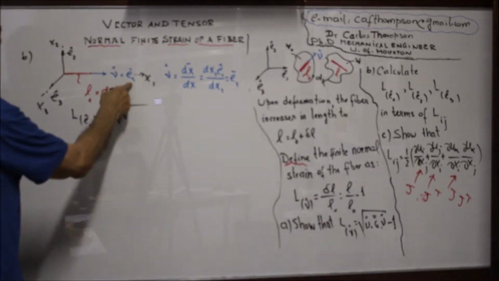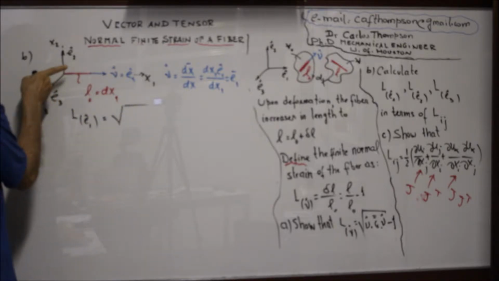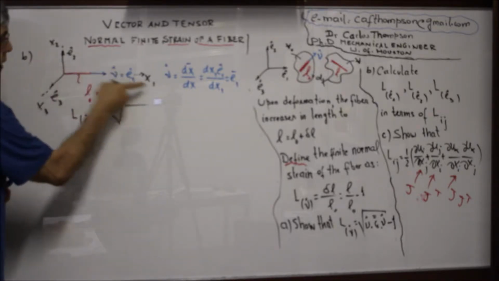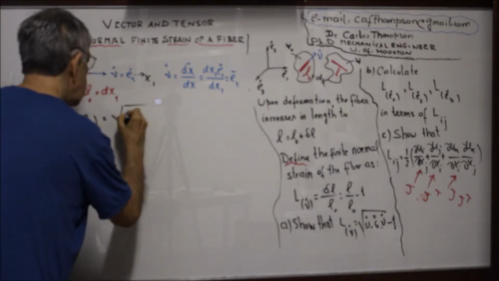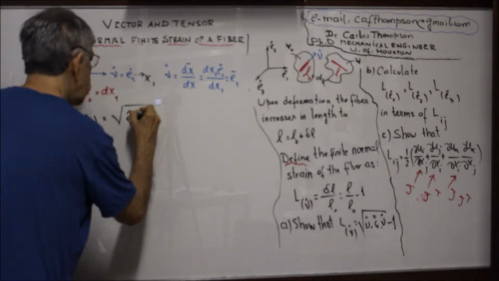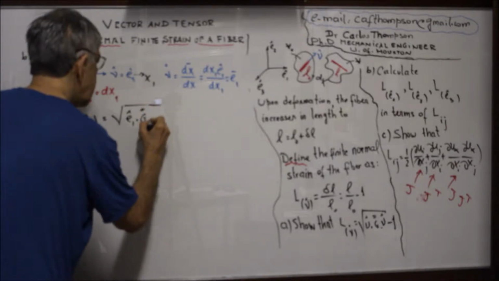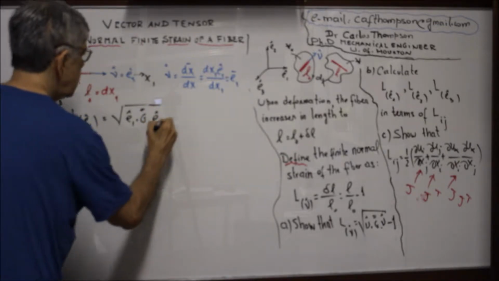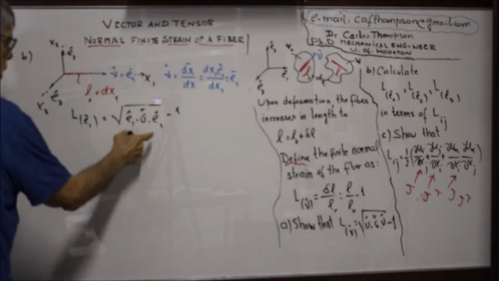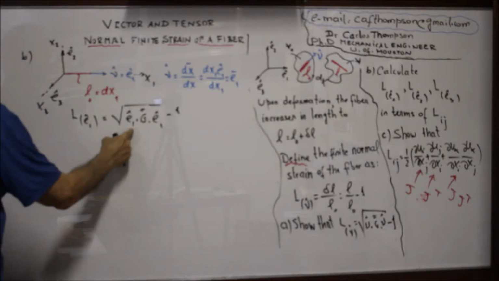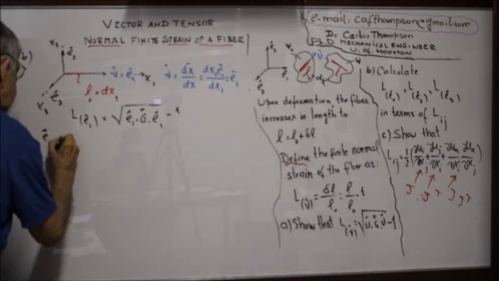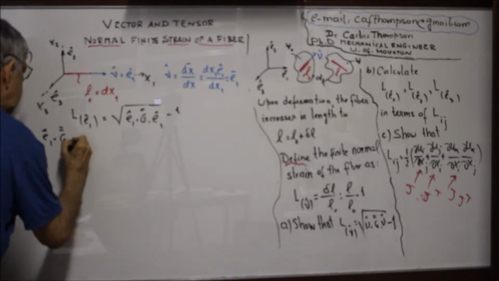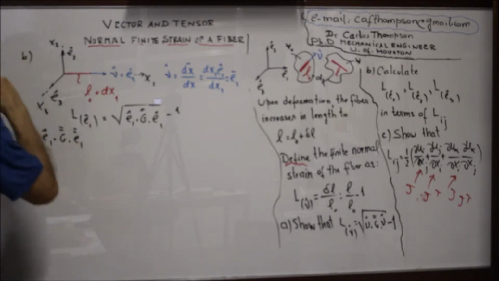Okay, nu here is E1. You see, because I'm interested in this x1 direction, this will be E1 dot G dot E1 minus 1. Let's calculate E1 dot G dot E1.